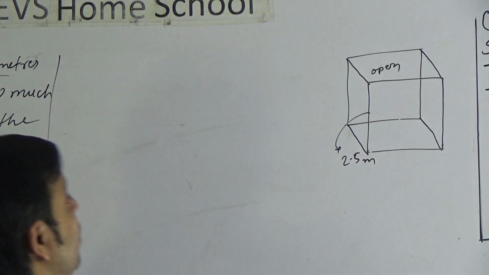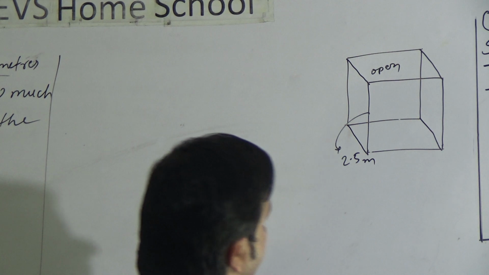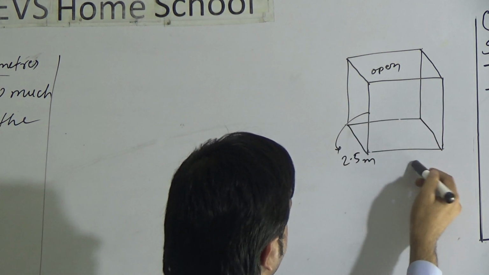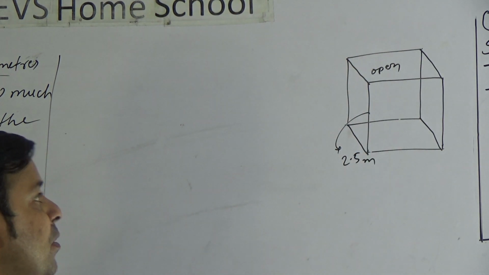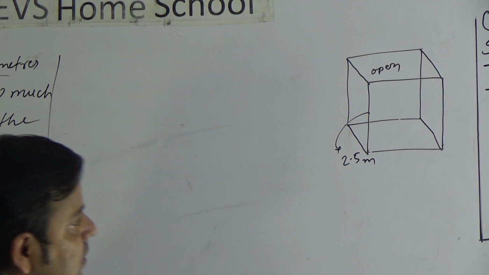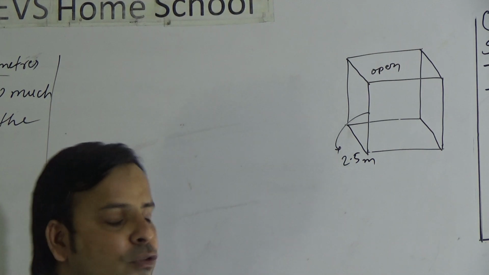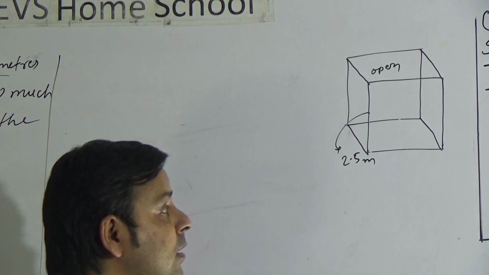Now, to put the lead sheet in the inner side, it means that we have to put the lead sheet in the base and in 4 walls. It means that we have to determine the surface area of these 4 walls and the base.